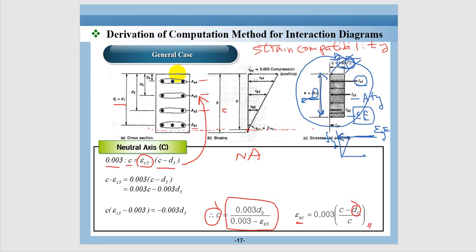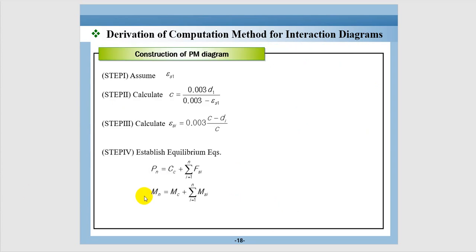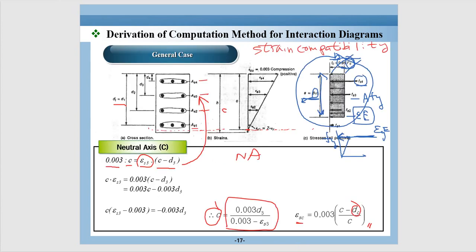And we can establish the equilibrium equations. How can we do that? Let's take a look here. The force equilibrium is very easy. The net is equal to the force which is acting on the column. Now we can establish equilibrium equations by adding the compression force from the concrete and the compression force from the rebars, which you calculate right there.